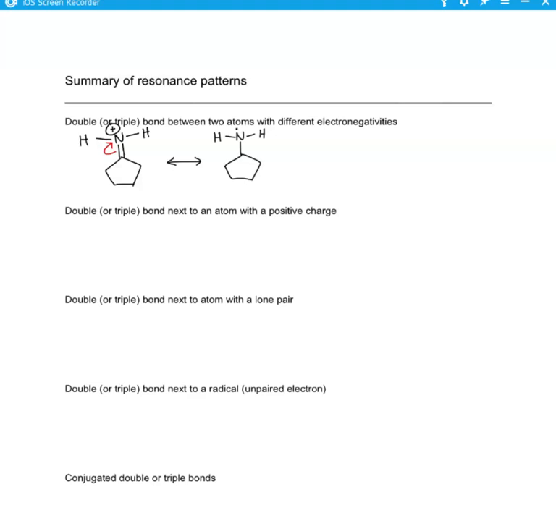So the electrons that came out of the double bond are now in the form of a lone pair on the nitrogen, and the carbon ends up with a positive charge.